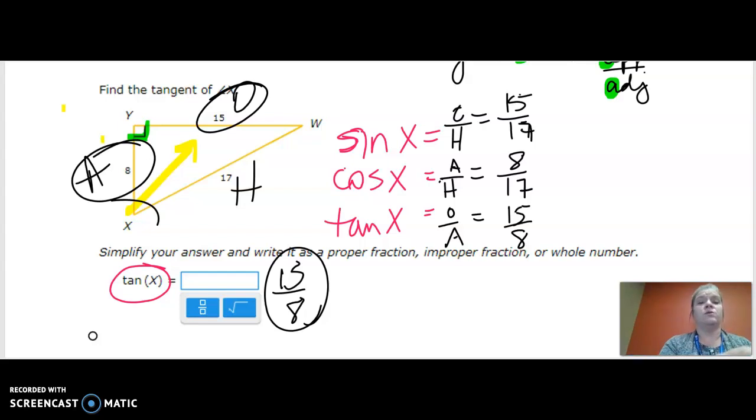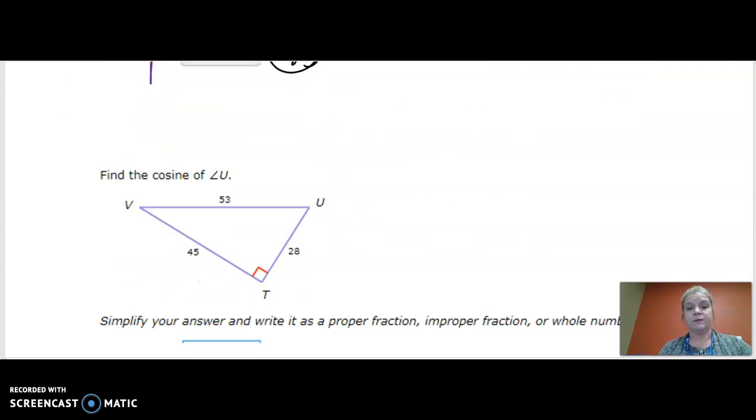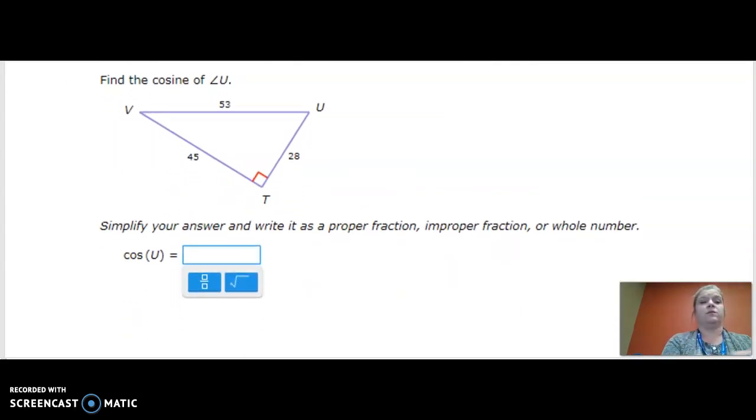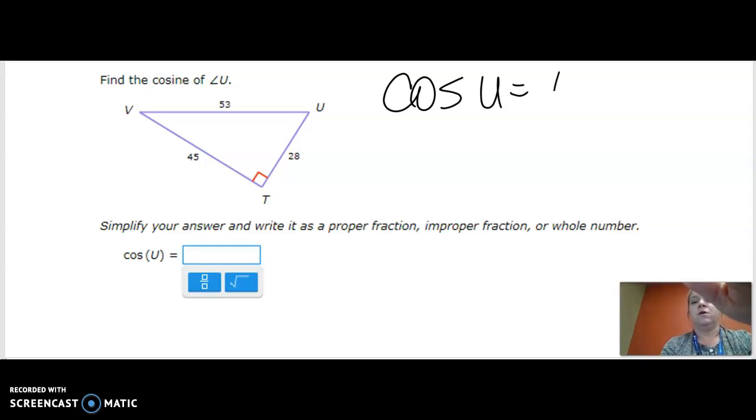Now, if we were talking about angle W, then our answers would have been a little bit different. So you really need to look at your angle that it tells you and then figure out opposite over hypotenuse, adjacent over hypotenuse, or opposite over adjacent. All right, so cosine is adjacent over hypotenuse.